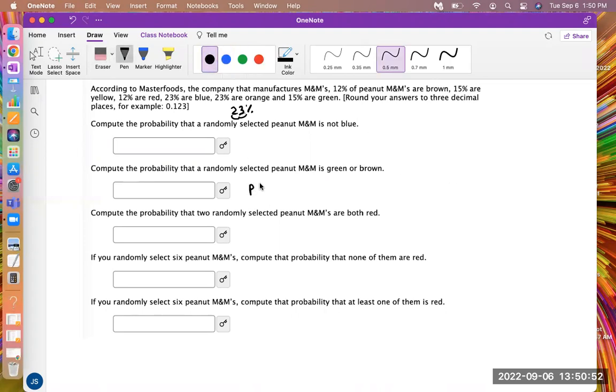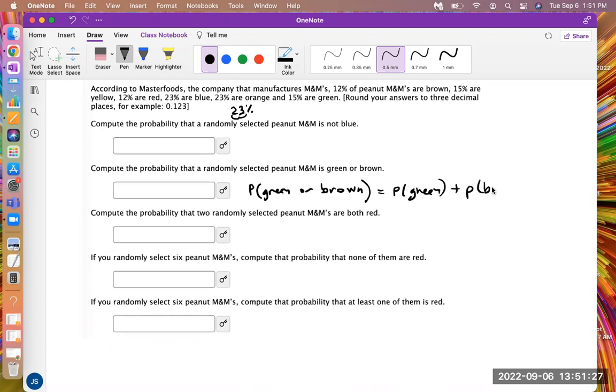So the probability that it's green or brown. Now, there is a general rule for things that are mutually exclusive, or things that cannot occur at the same time: if you're asking the probability of it being green or brown, you just find the probability of it being green and you add it to the probability of it being brown.